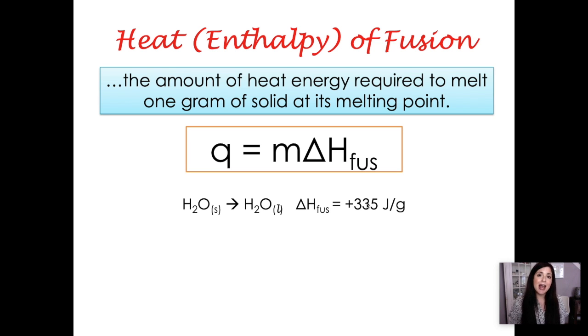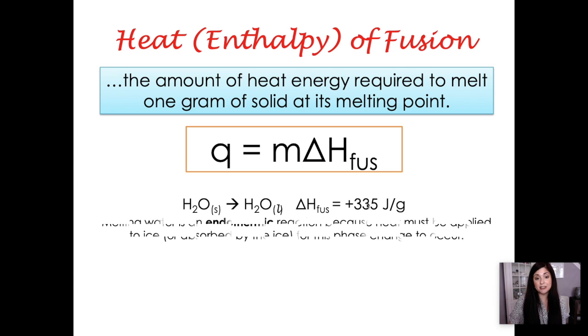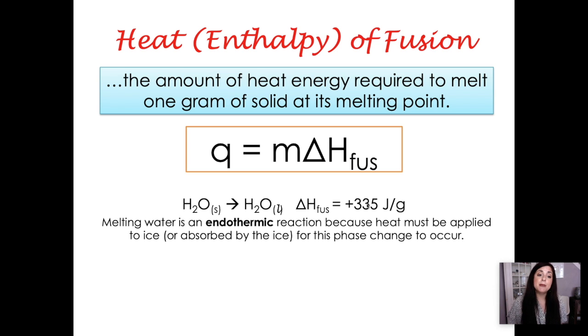Because we are adding energy to that system, we say that melting water is an endothermic reaction. And it is endothermic because heat must be applied to the system, because that ice is absorbing all of that energy in order for this phase change to happen.